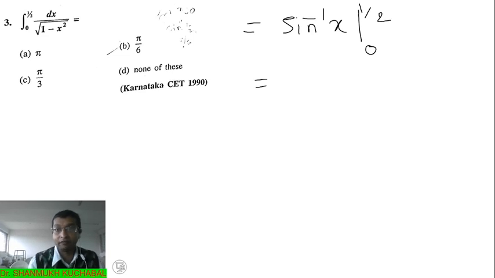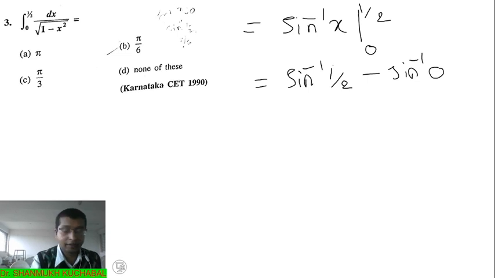Now we take x equal to upper limit 1 by 2, so we get sine inverse 1 by 2 minus sine inverse 0. Sine inverse of 1 by 2 is pi by 6, that is 30 degrees, minus 0. So we get the answer pi by 6. Therefore option B is the right answer.